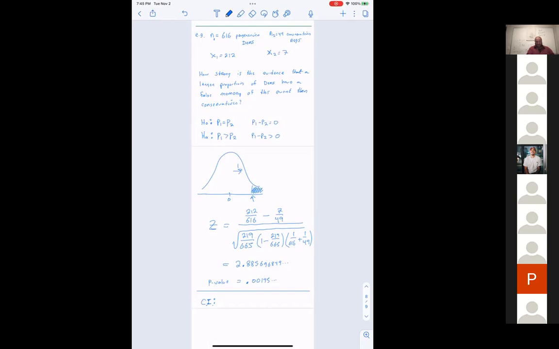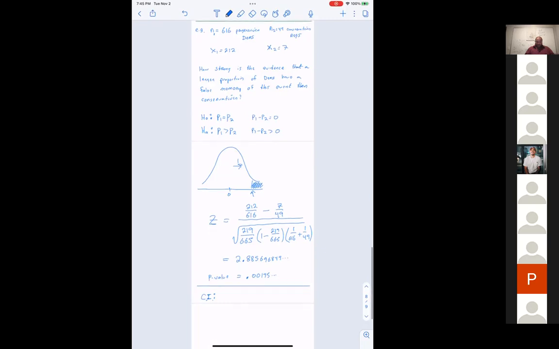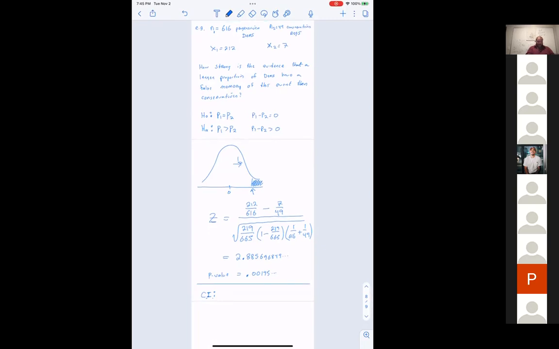Oh, wait, N1 is going to be 618. X2 is going to be what number? 8. And N2 is going to be what number? 51. And then the question is what confidence to use. So since we're not given a confidence, let's start with 95% confidence.